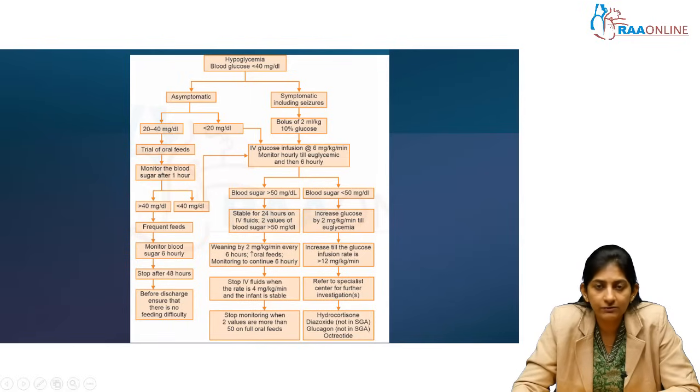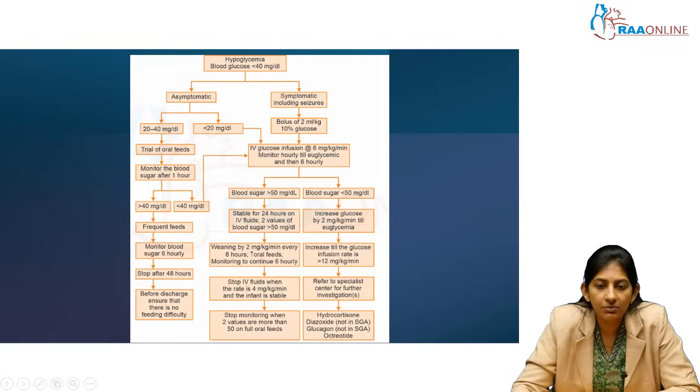And if the blood sugar level on GIR 6 is still less than 50, then increase the glucose infusion by 2 mg per kg per minute. Increase it to GIR 8. Then you check hourly. You can keep increasing it up to 12 mg per kg per minute. But when you start increasing your GIR, always go for a central line.